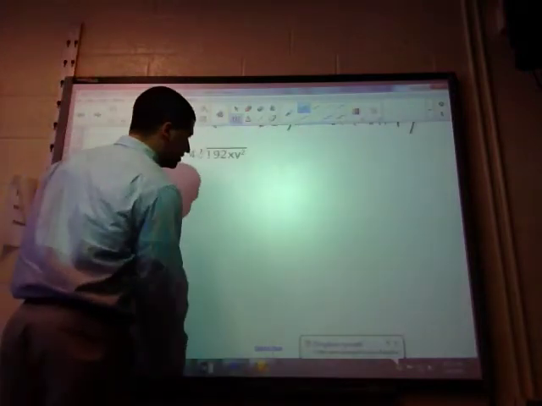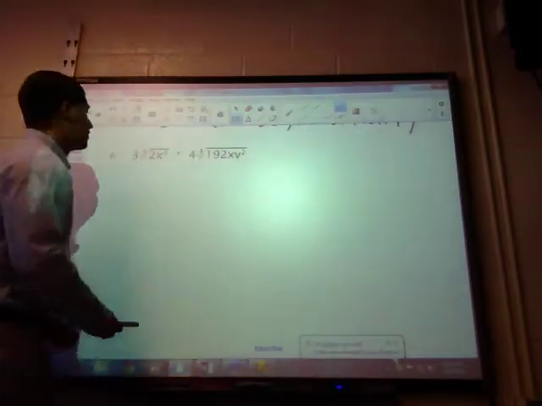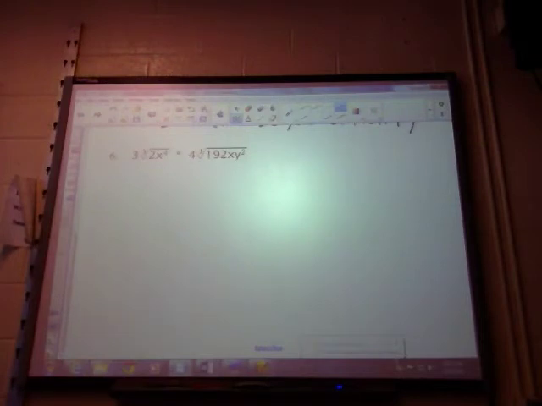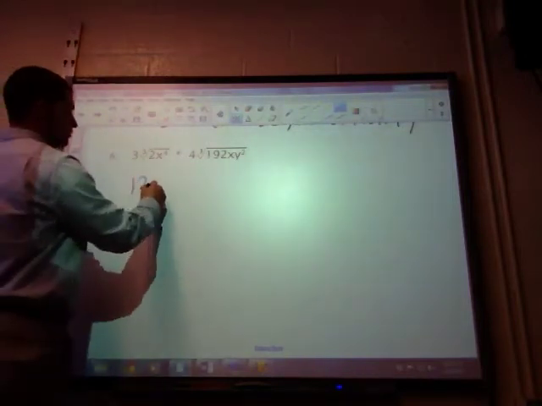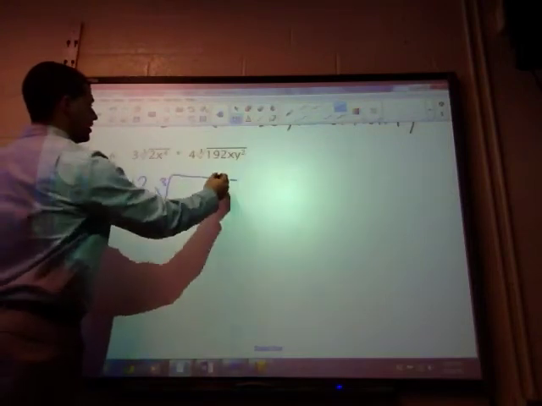So let's try number 6. 3 times the cube root of 2x to the 4th times 4 times the cube root of 192xy squared. So multiply our numbers, 12. Multiply our radicands.